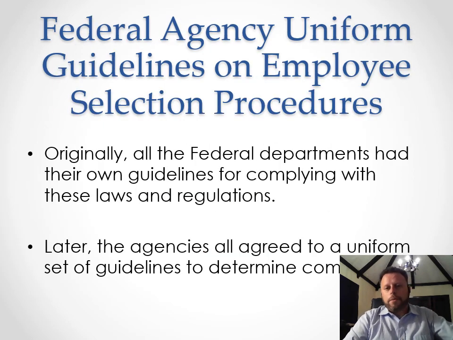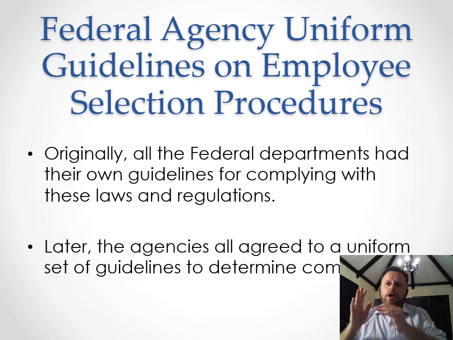I don't think we need to talk about the Uniform Guidelines on Employee Selection, so I'll skip over that, just to let you know what it is. In America, in the late 70s, the government started to realize, well, we have a problem. Every different department, the Department of Defense, Homeland Security, the Post Office, the Interior, National Parks, all of these departments were using different guidelines to do HR.